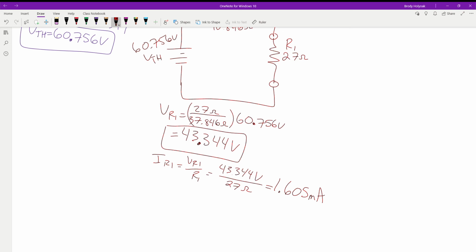Right. I'm used to writing milli because that's a lot of what we deal with, milliamps. So 1.605 amps.